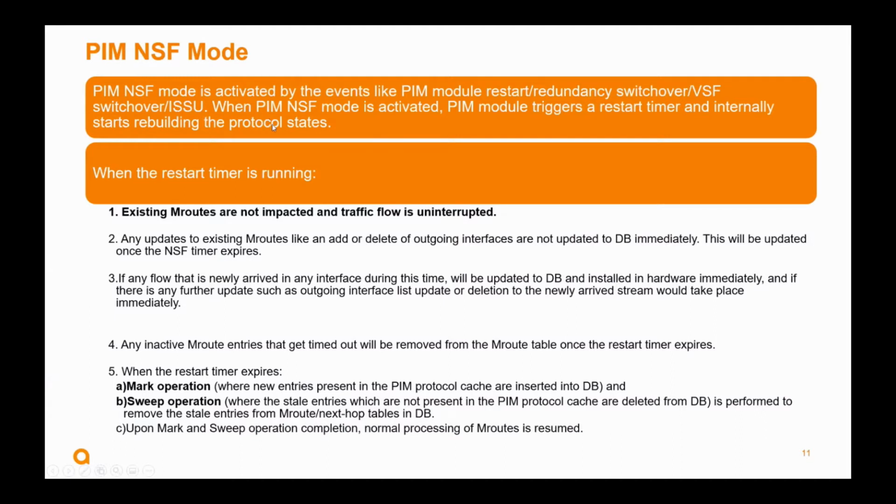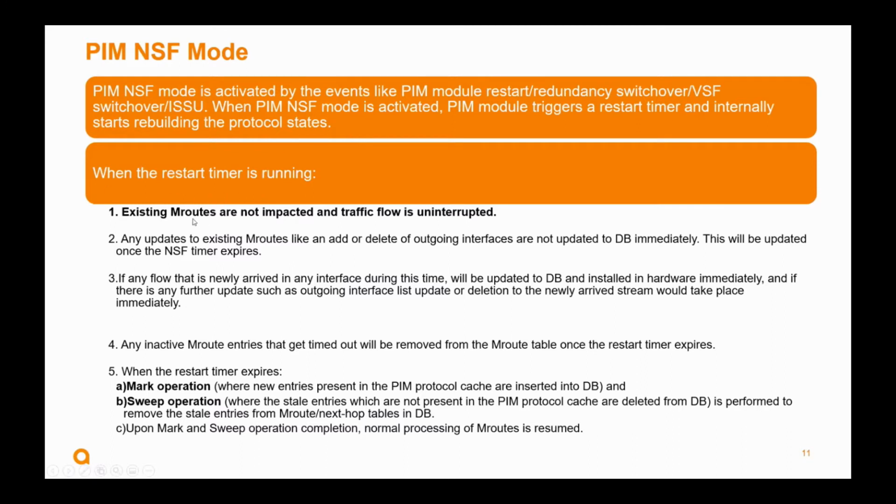In this state, when PIM nonstop forwarding mode is active, the module triggers a restart timer, which is 210 seconds by default. Currently, you cannot modify that timer, but in the future they will allow modifying it. Internally it starts rebuilding the protocol stack states.